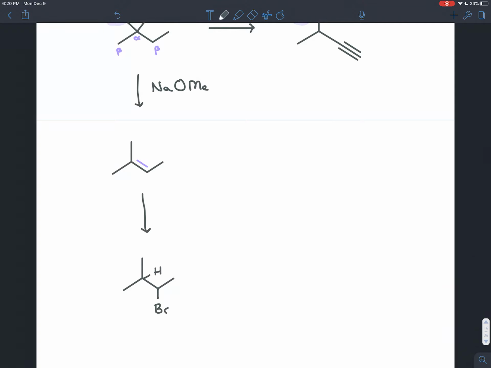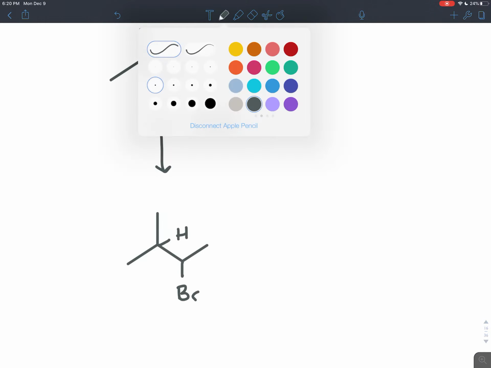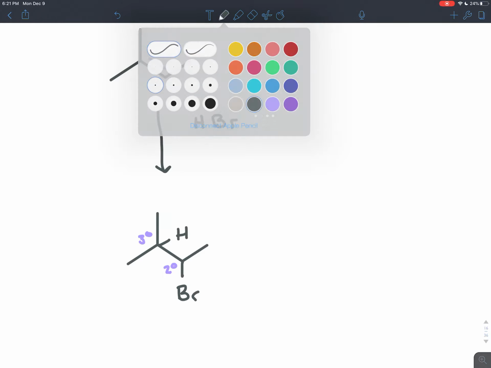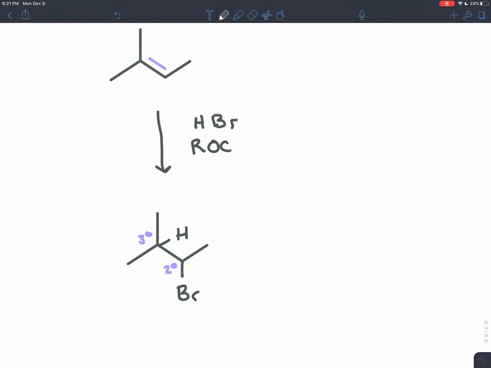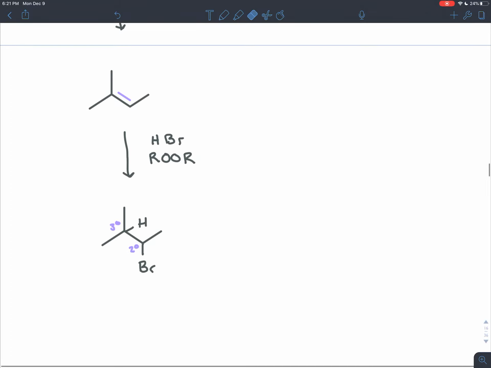And the way we get that would be by adding hydrogen and bromine, so HBr, and notice that the hydrogen added to a tertiary carbon and the bromine added to the secondary carbon. The hydrogen went on the more substituted carbon, that's anti-Markovnikov addition, so you'd want to add peroxides to make sure that it adds in that orientation.